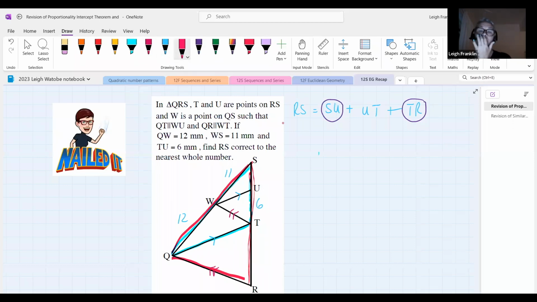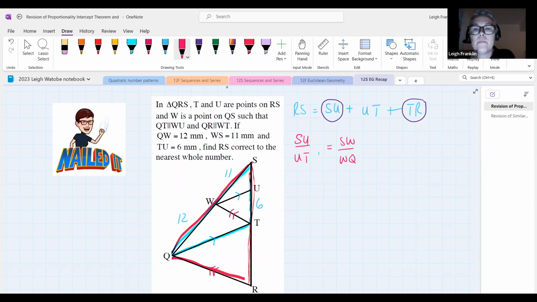Can anyone make me a proportion to calculate SU? Nolitando, go for it. Hi, ma'am. Using the triangle QST, the one in blue, you're going to say SU over UT is equal to SW over WQ. Beautiful. Keep going.